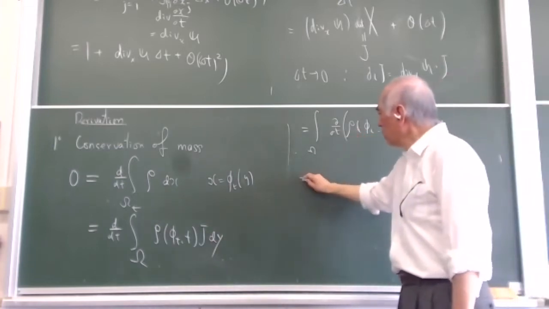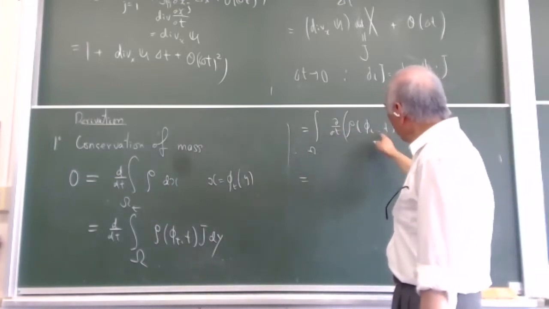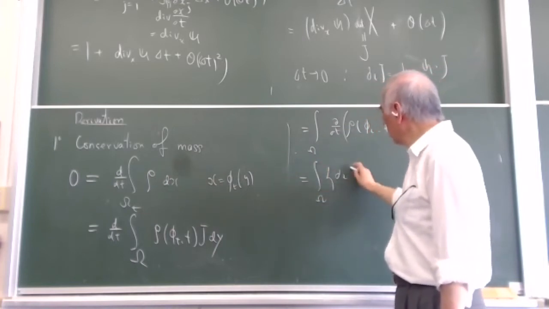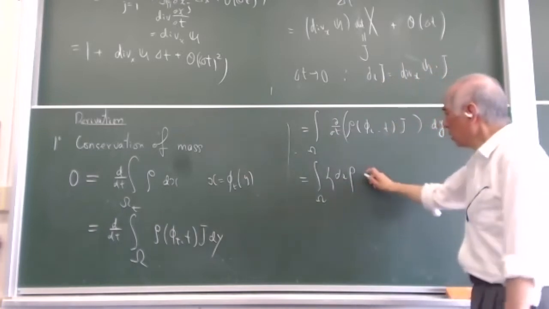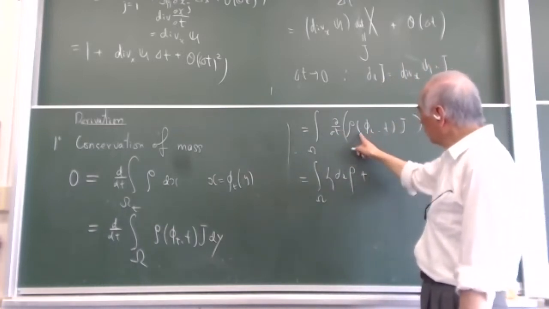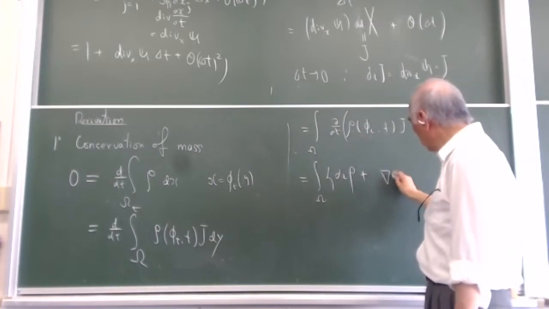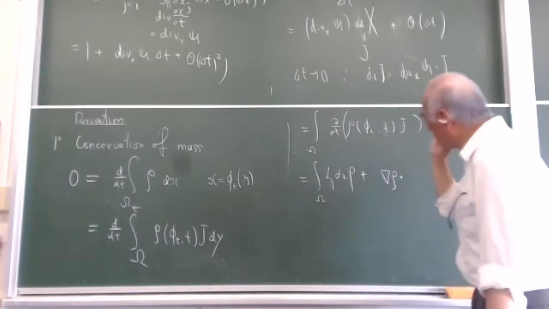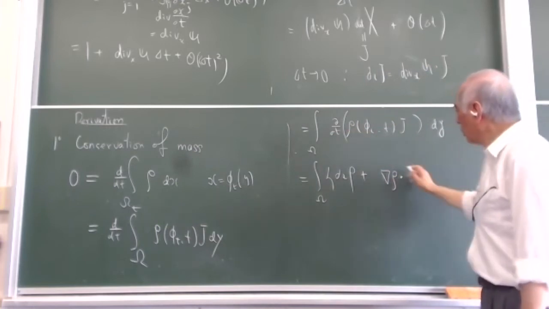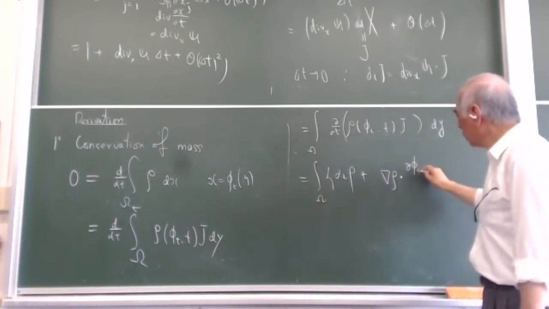First you take the derivative of this term, so dt rho. And then if the derivative comes to here, then it is nabla rho, by the chain rule, nabla rho and d phi dt.